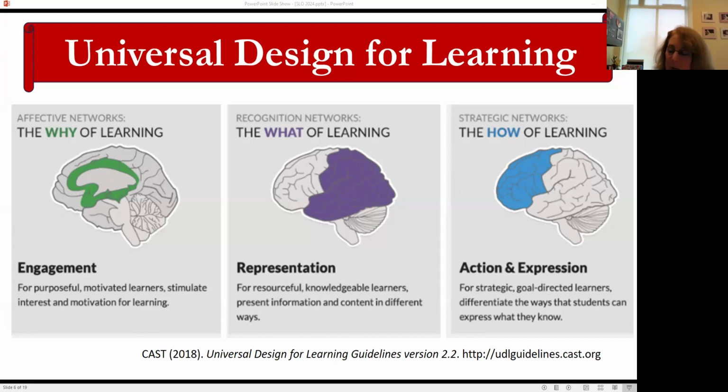One of the things that I want to point out when you think about how you assess student learning, the most important thing to remember is that it doesn't really matter how they demonstrate the learning as long as they're able to do so. When we limit assessments to just one or a few forms, students who struggle with those forms of assessment may not be able to demonstrate their learning, not because they lack the learning, but because the assessment creates barriers for them. So that's an important consideration.